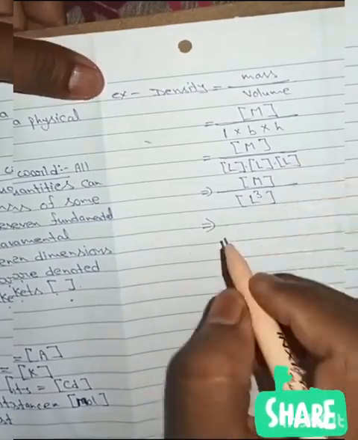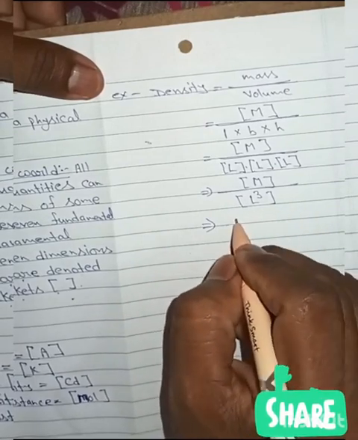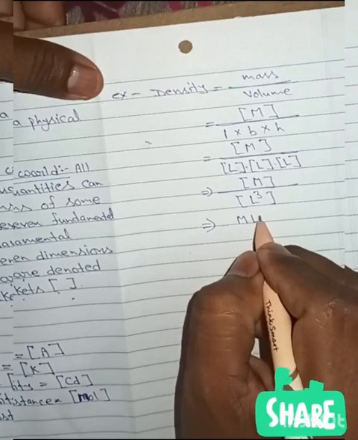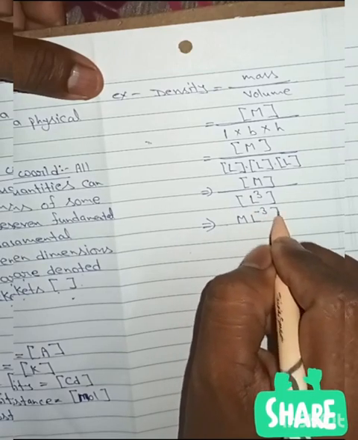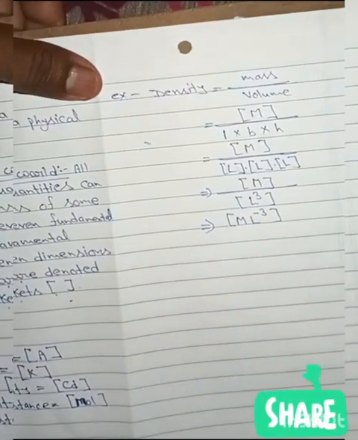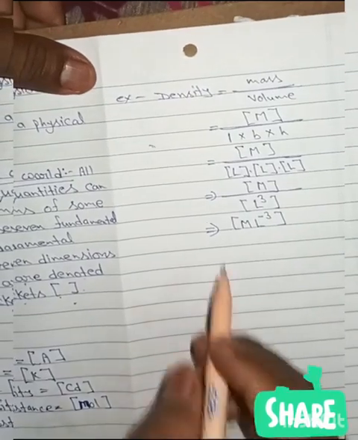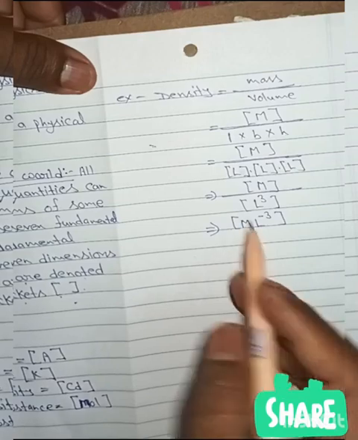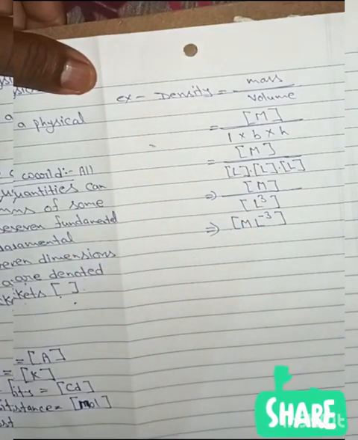If it is converted to the numerator, then we can write ML^-3 in square bracket. So this will be the dimensional formula for density. It's clear to everyone.